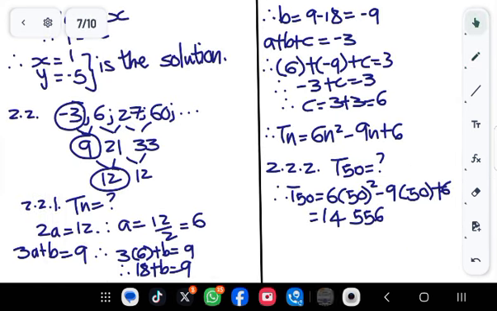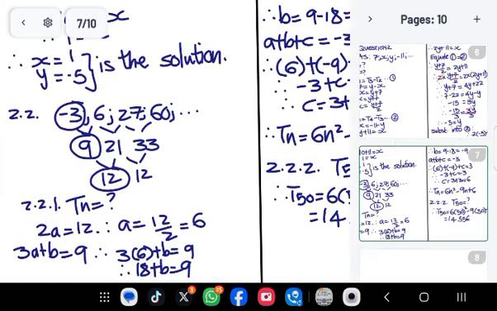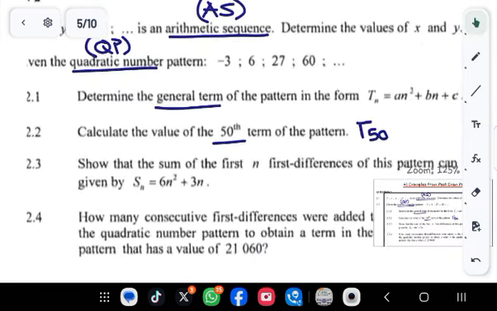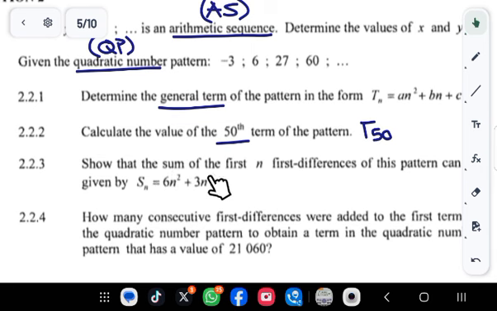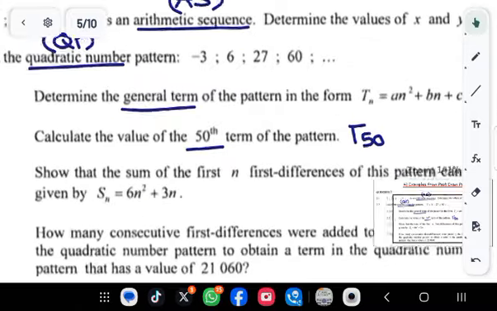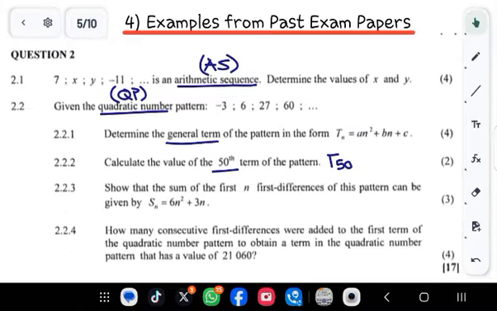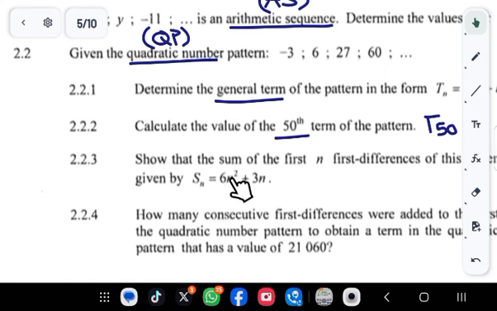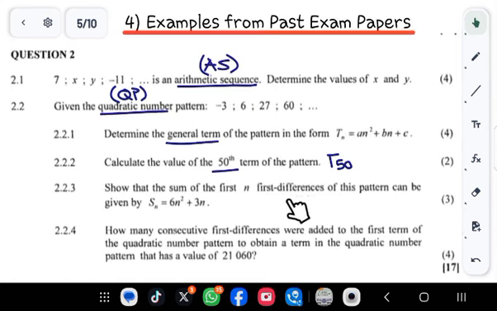Next question, 2.2.3. Show that the sum of the first differences of this pattern can be given by Sn, the sum of the first n terms, equals 6n squared plus 3n. Remember that the first differences form an arithmetic sequence.